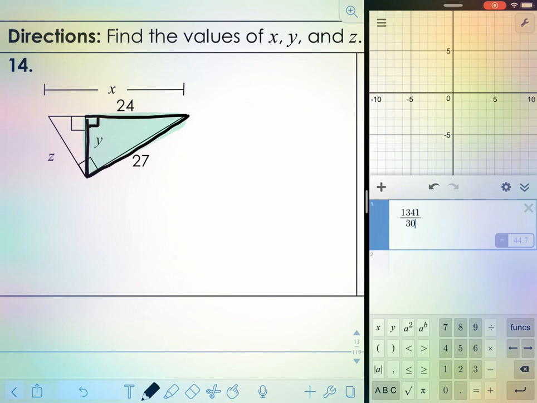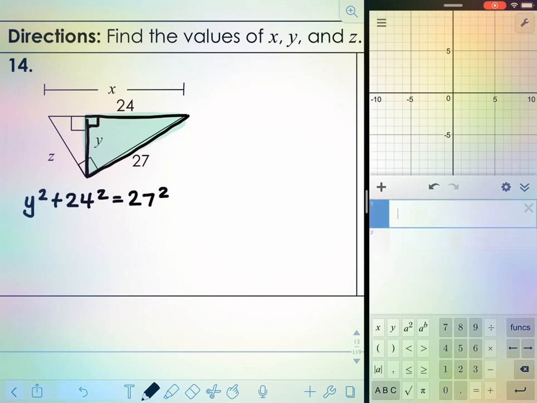So to solve for y, we're going to use Pythagorean theorem. So y squared plus 24 squared equals 27 squared. 24 times 24 gives us 576. 27 times 27 is 729.